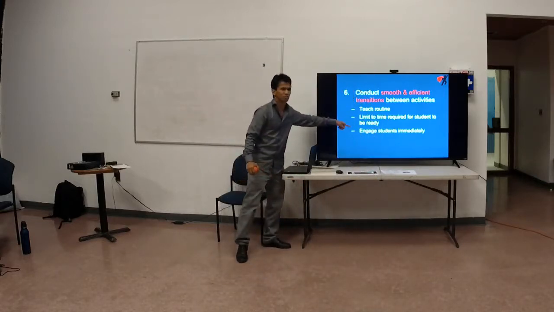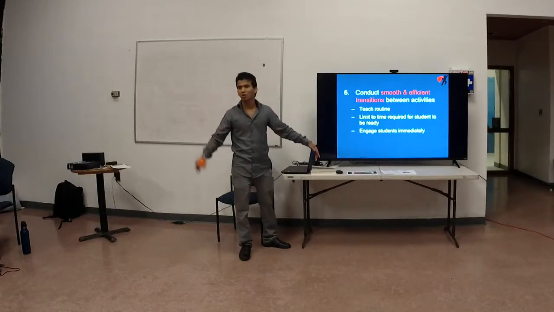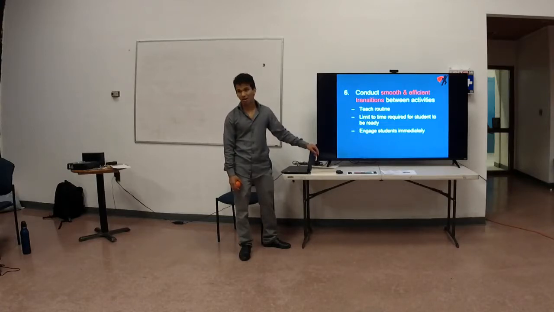Time limits. Very important. If you tell a kid, go do this, give them time. I count down: you have exactly 10 seconds. And the whole class is counting down with me until you've got your stuff. Now, that may sound mean, but it's very important because kids have a very weird definition of time. If I told Kenji, go drink your shake, this is a regular, normal morning routine with him.